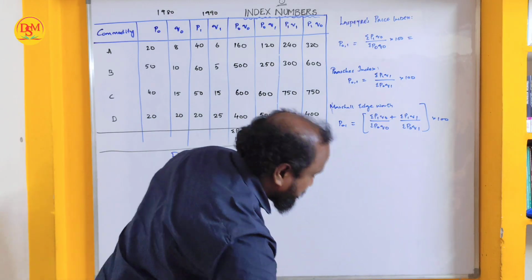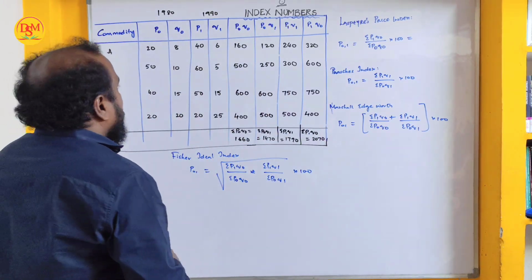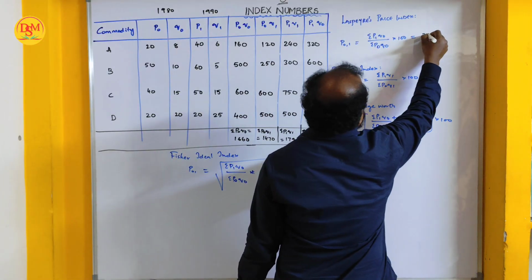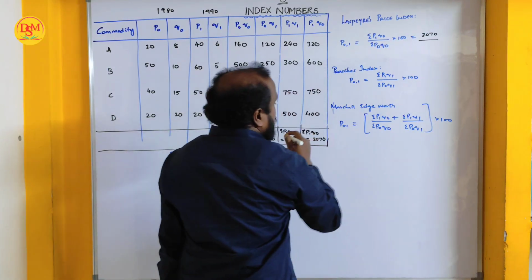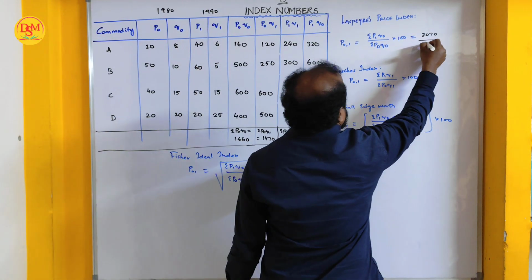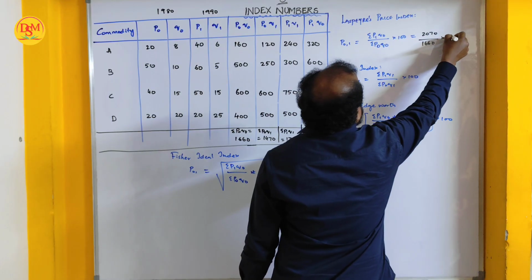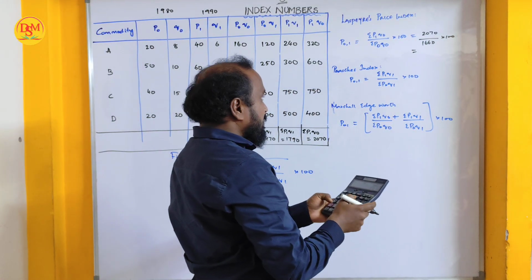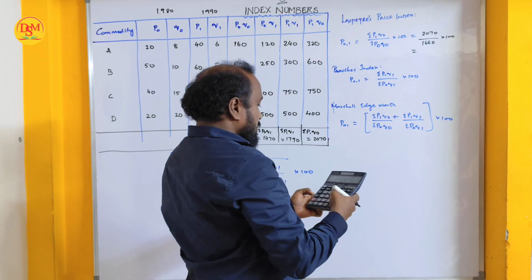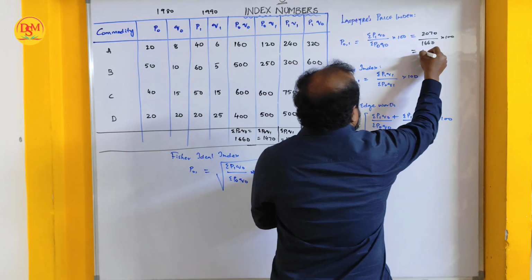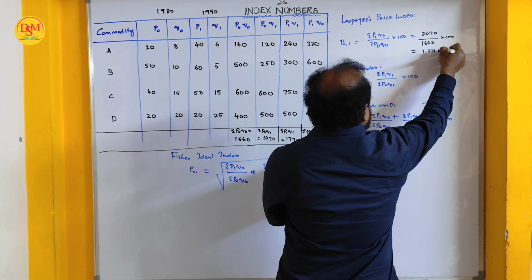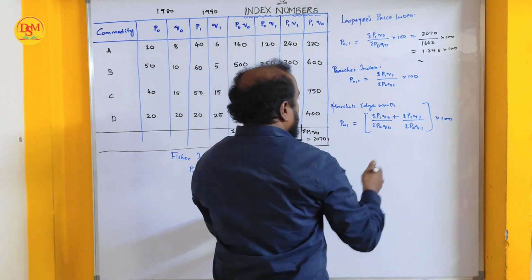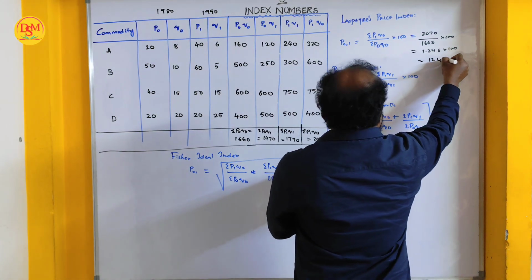So let's first begin with Laspeyres. P1 Q0 is 2070 and P0 Q0 is 1660, into 100. First we have to divide both: 2070 divided by 1660 is 1.246, into 100 is 124.69.